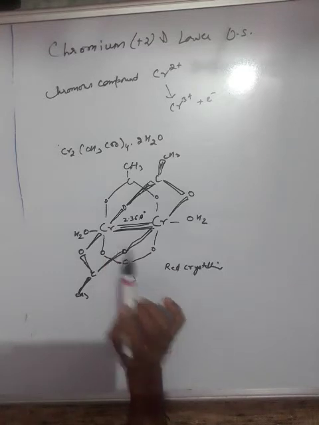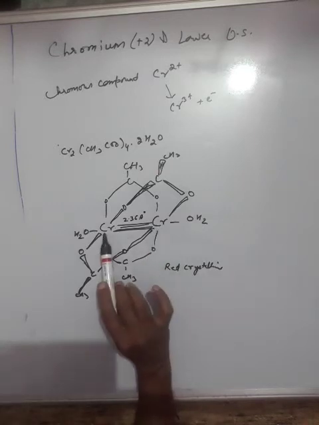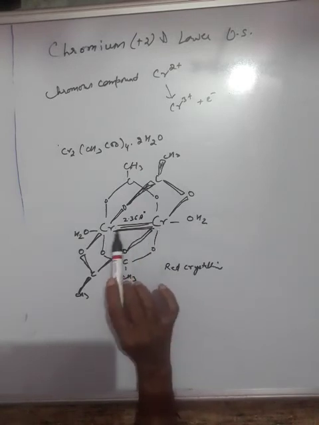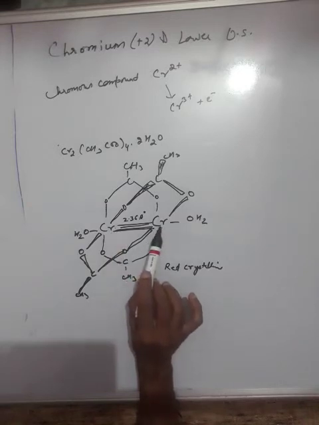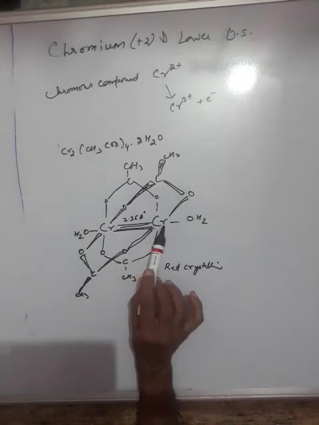Cr2+ has the 3d4 configuration, or we can say 4 unpaired electrons. Every Cr2+ has 4 unpaired electrons, that is, here in total we have 8 electrons with these 2 chromous ions.